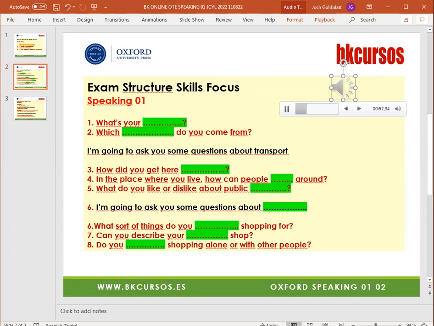Question 3. I'm going to ask you some questions about transport. How did you get here today? Question 4. In the place where you live, how can people travel around?